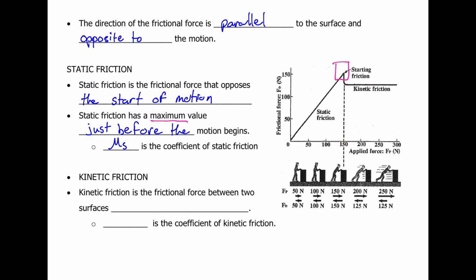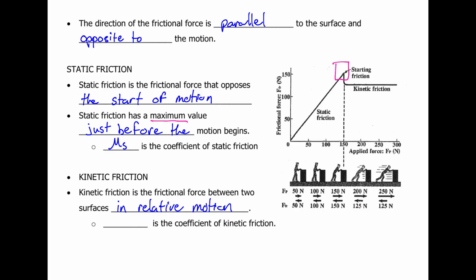Kinetic friction is the force between two surfaces that are in relative motion. Relative motion is when they're moving. So if I give it more force, it's just going to keep going faster and faster. The reduction of the force is always going to be the same.